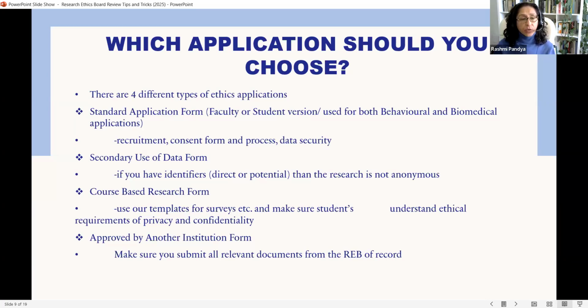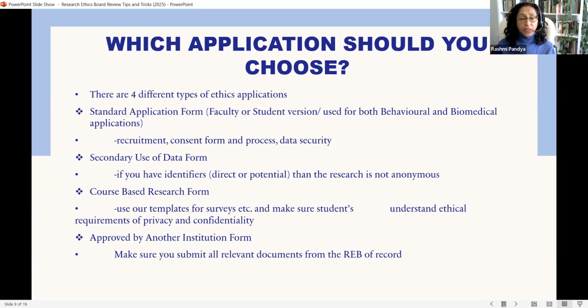It makes it much simpler. You do need to submit the approved by another institution form. It's a delegated review. It's usually very quick. You do need to make sure you submit all relevant documents from the REB of record. That's the REB that initially reviewed and where the research is being initiated to start, and the principal investigator has their affiliation.